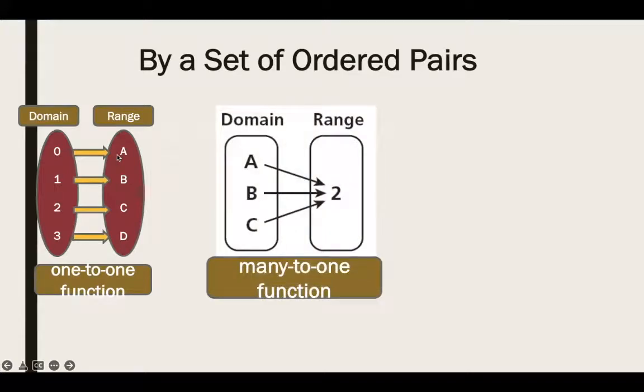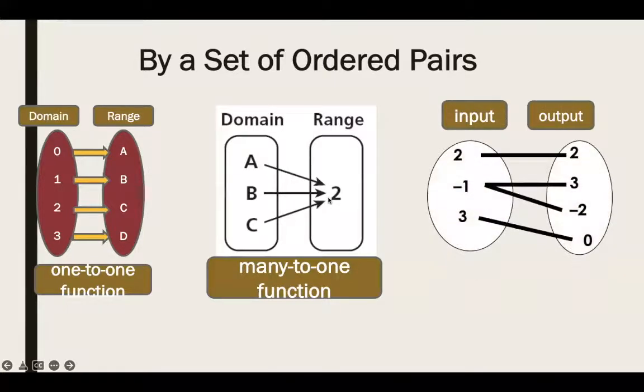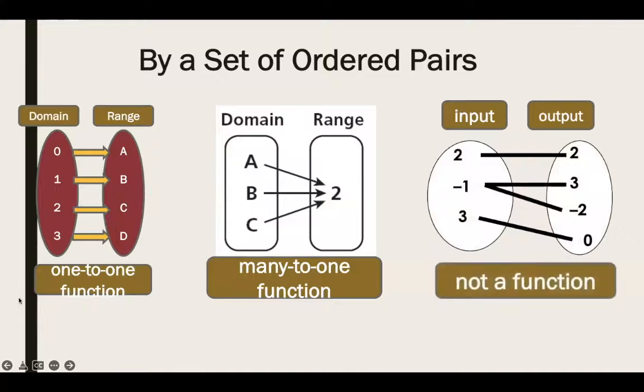This is a many-to-one function, where many domain elements are mapped to one range element. See, A, B, C are mapped to your range that is 2. This one is not a function. Notice, because your negative 1 has two outputs.